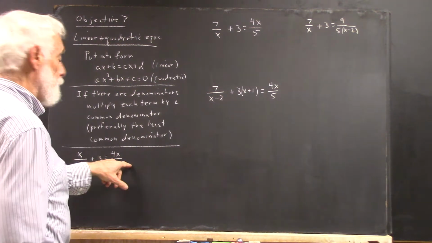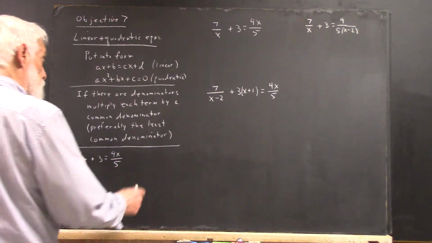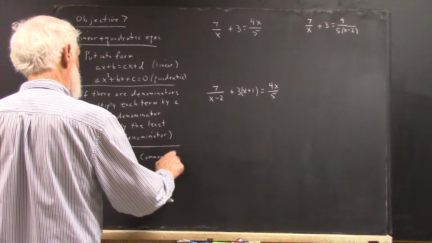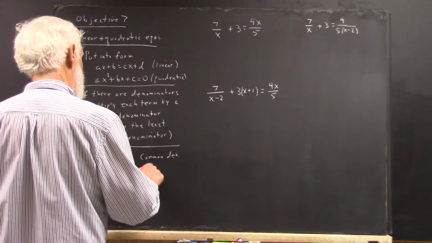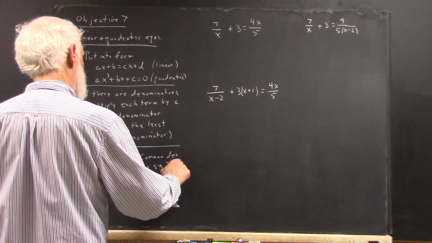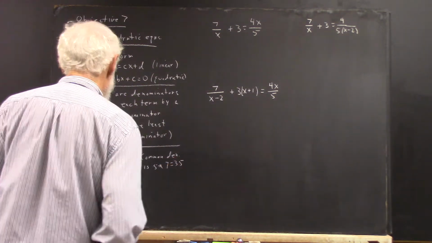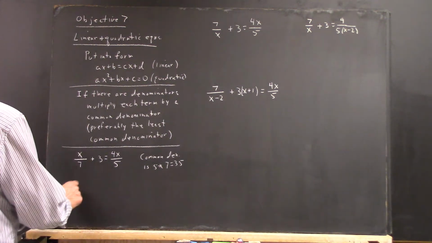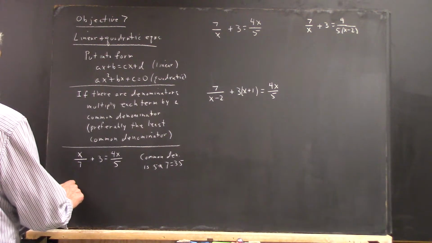Okay, so here's an equation. Now it's very simple. Your common denominator is just plain old 5 times 7, which is 35. Okay, so we'll multiply x over 7 by 35.